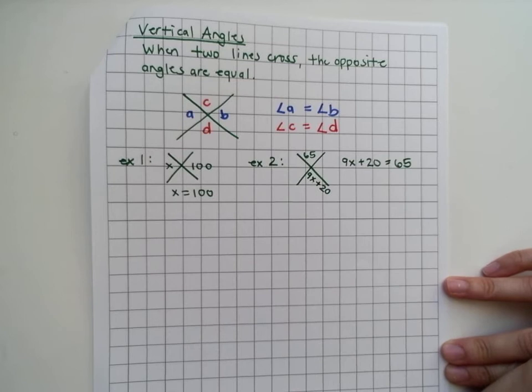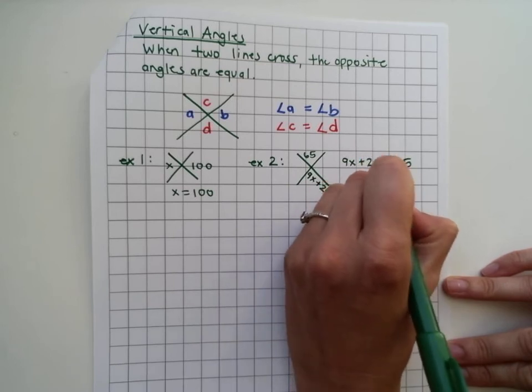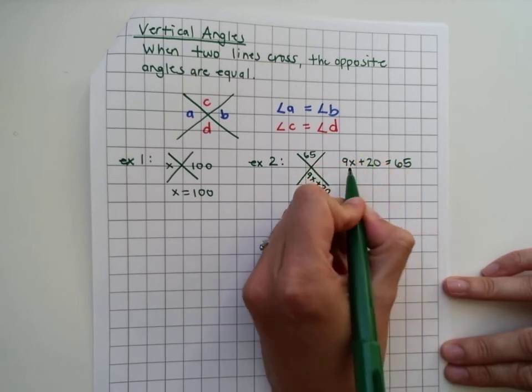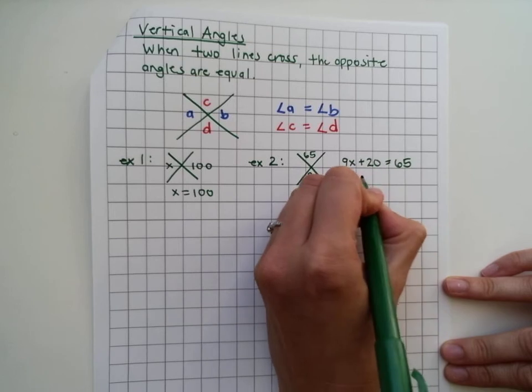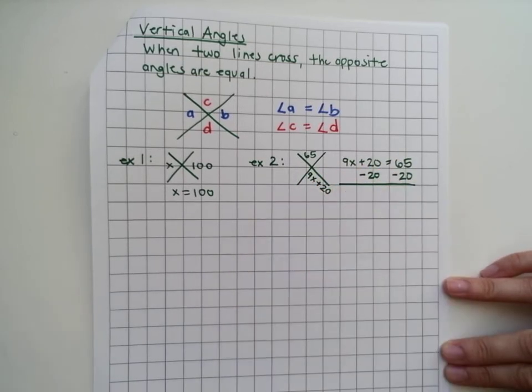Then we just have to use our Algebra 1 skills of solving equations and solve for x. So we need to get rid of this plus 20 because we're trying to get x all by itself. To undo plus 20, we subtract 20. Whatever we do to one side, we have to do to the other side.